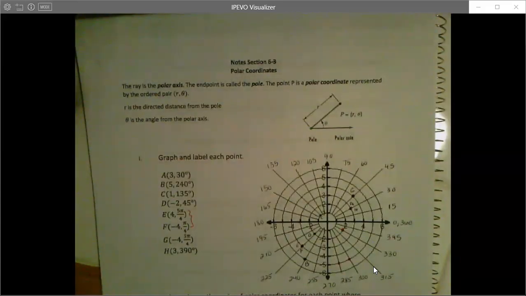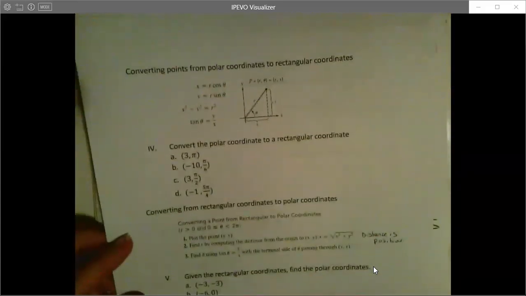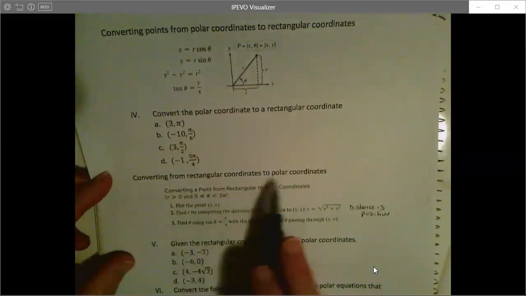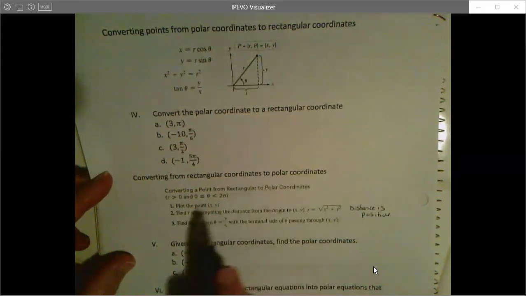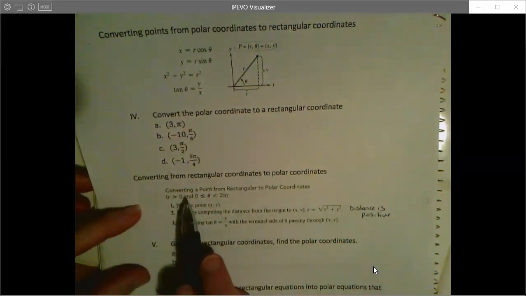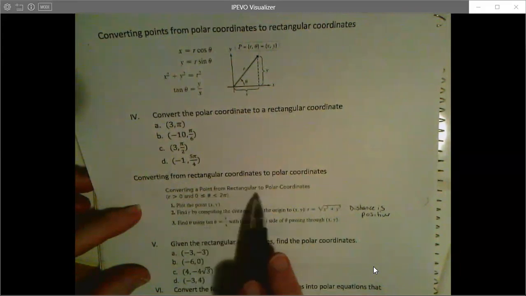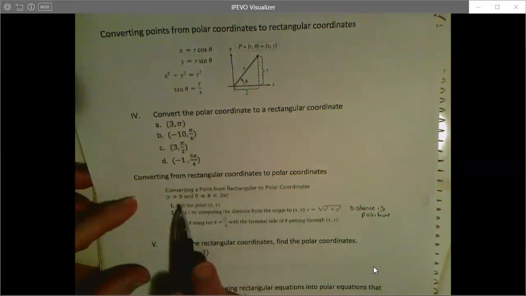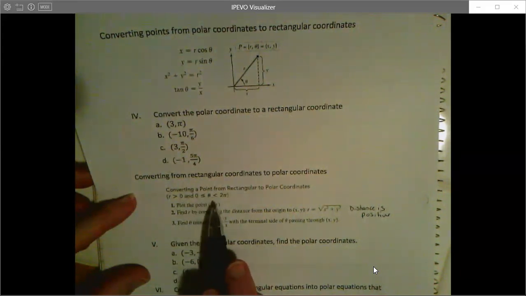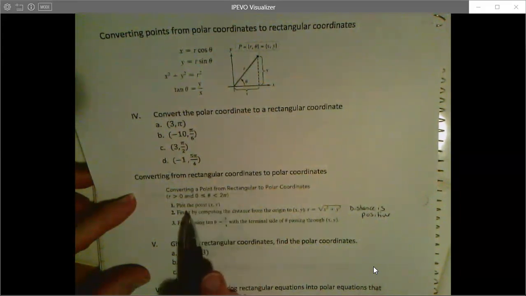All right, our next part is converting from rectangular coordinates to polar coordinates. We have some rules here. Converting from a rectangular point to polar coordinates, r has to be greater than 0. Theta has to be a positive number between 0 and 2 pi.